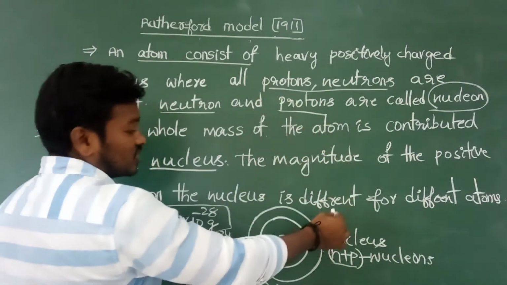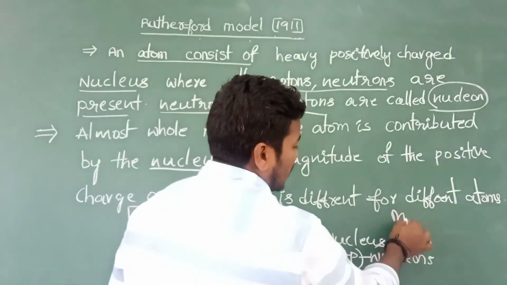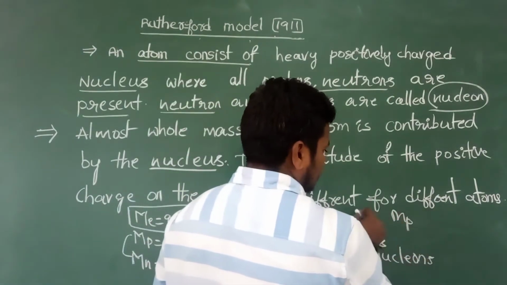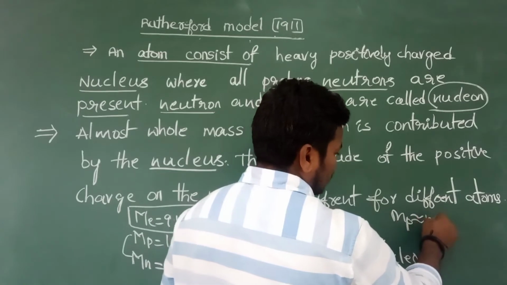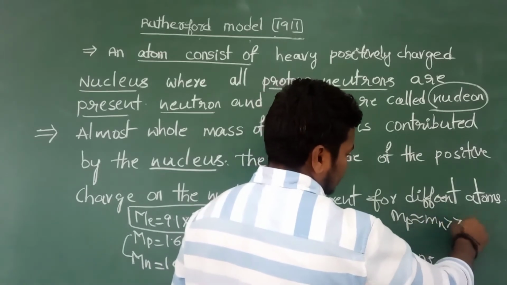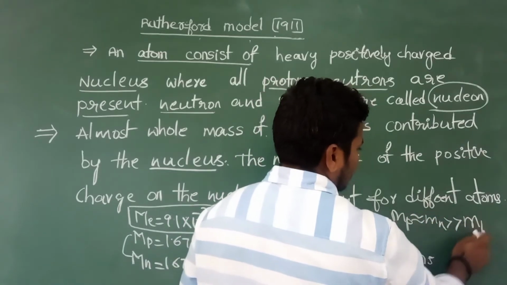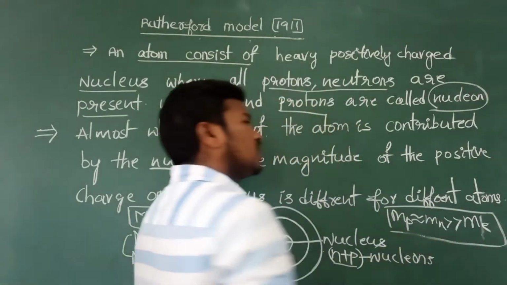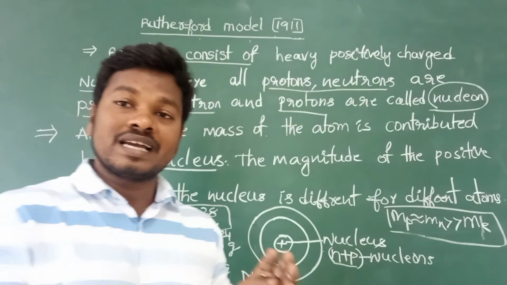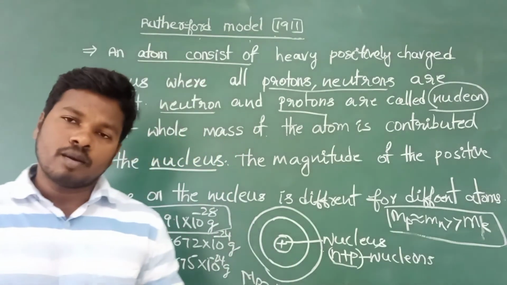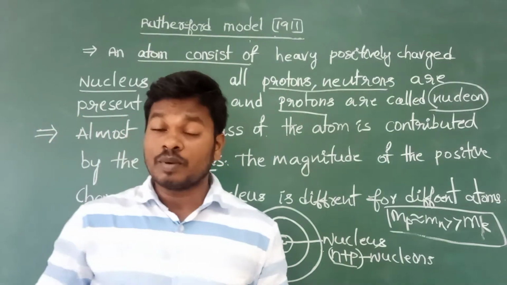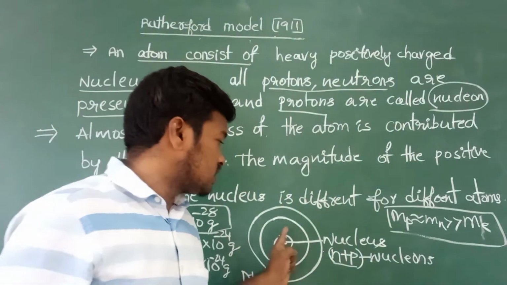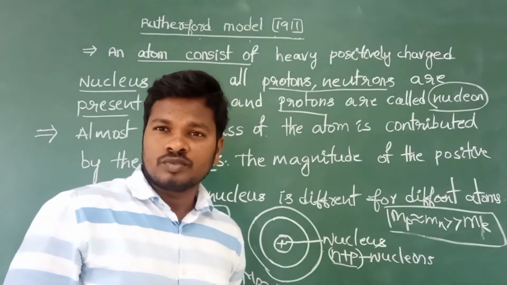You can write the next point: the mass of the proton is approximately equal to the mass of the neutron, which is greater than the mass of the electron. The proton and neutron are present in the nucleus.